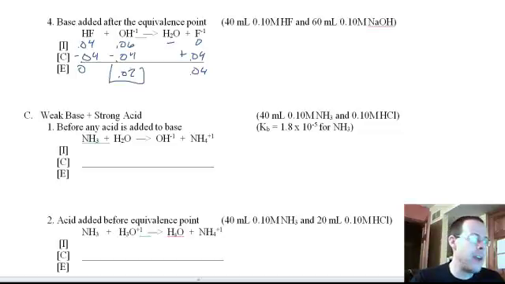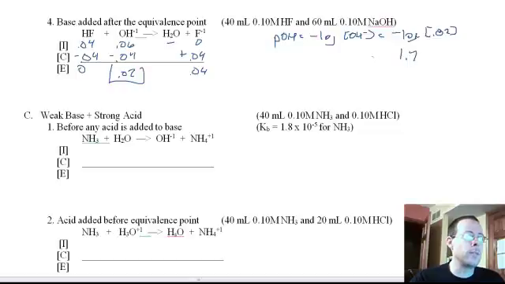Okay, so now we're simply going to say pOH equals negative log of OH concentration, and we know our OH concentration is 0.02. Negative log of 0.02 is 1.7. We're going to subtract that from 14 and find that our pH is 12.3.